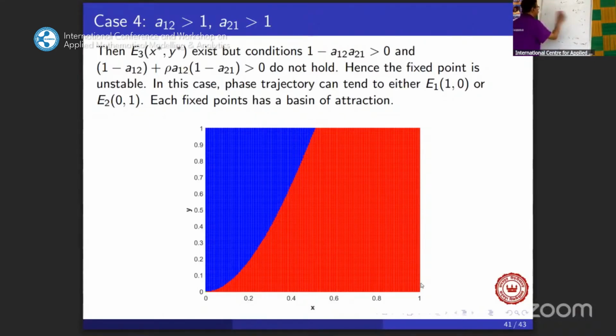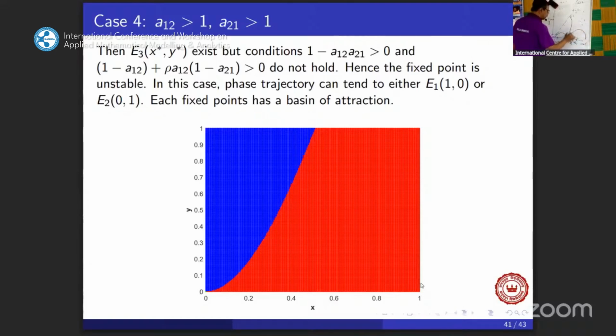What will happen in the continuous model system? We can find, see, this is the population X, and this is the population Y. We get E0 (0, 0), E1 (1, 0), E2 (0, 1), and E0 (0, 0) is a saddle. If we consider the initial point is here, this equilibrium is unstable and it goes to this side.